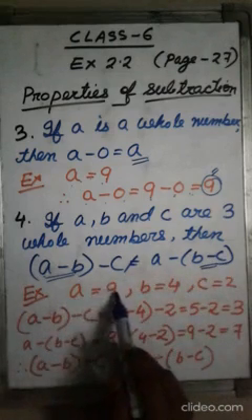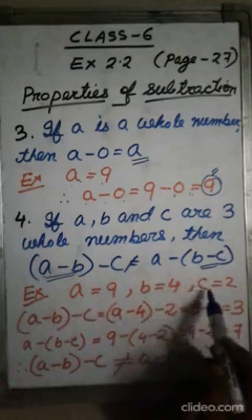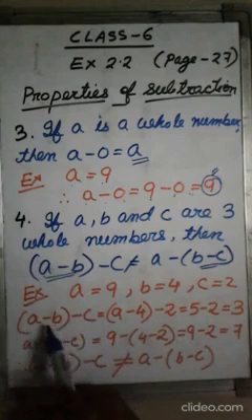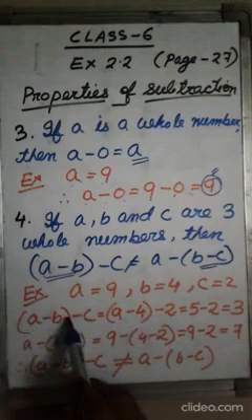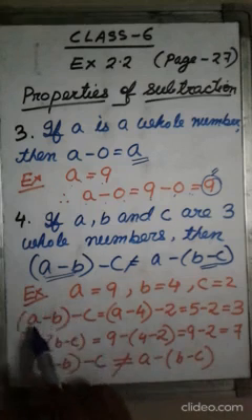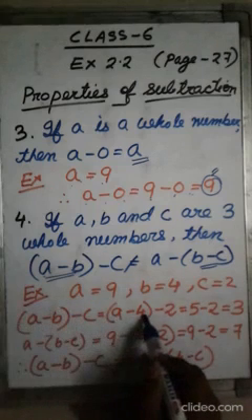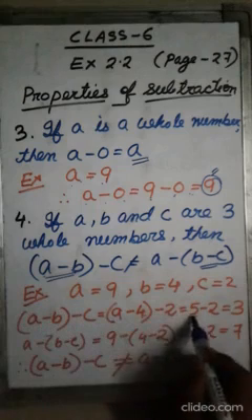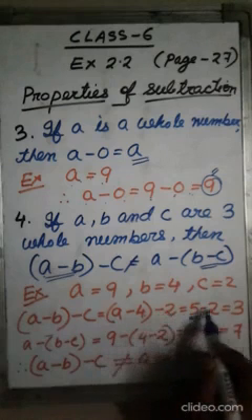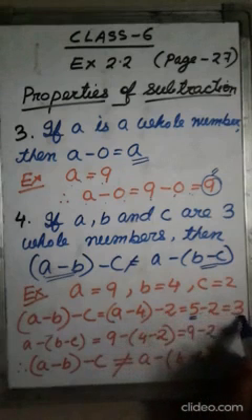Assuming A to be 9, B to be 4 and C to be 2, (A minus B) minus C, A minus B is within bracket. That means we have to find the value of A minus B first. 9 minus 4, which is equal to 5. 5 minus 2 is equal to 3.